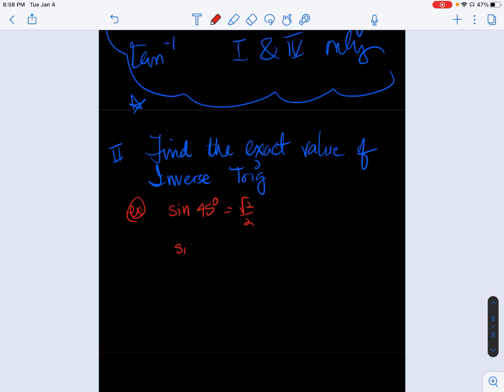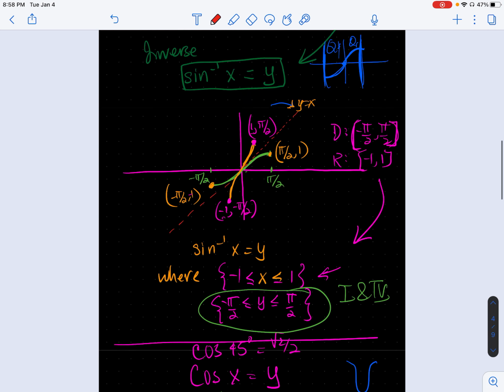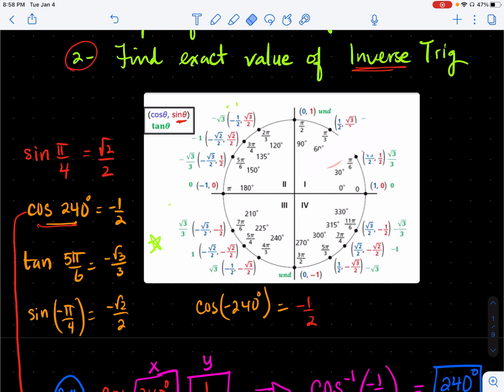What if the question says sine inverse of root 2 over 2? Then it's a backwards question. It's asking you, for what angle does sine equal root 2 over 2? When you try to find this answer on the unit circle, you will look for root 2 over 2 as a sine value, and you will notice there are two answers every time.